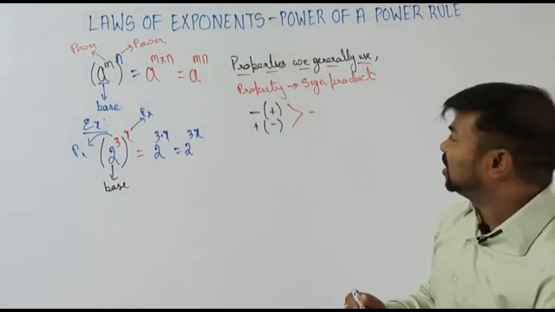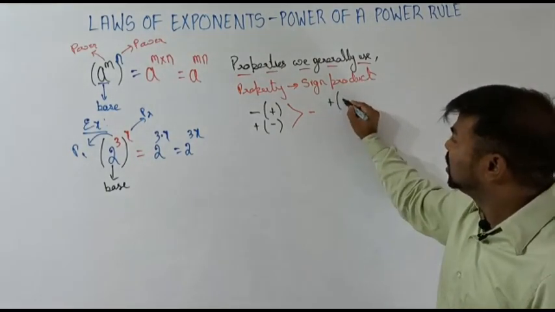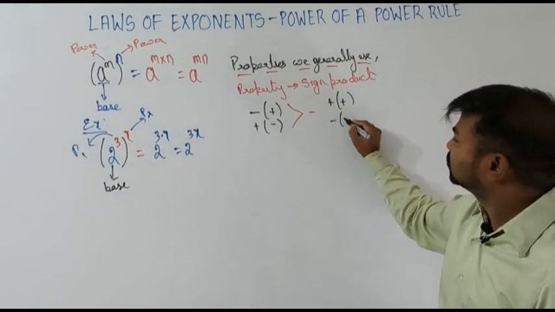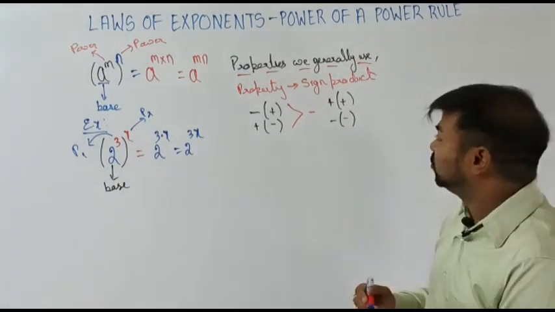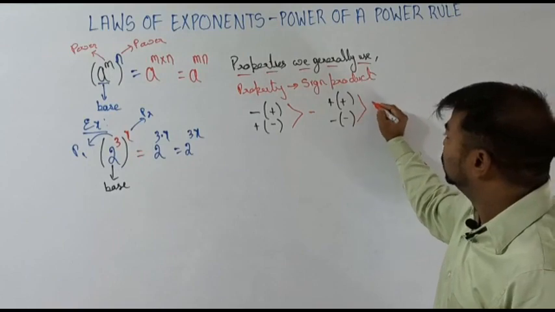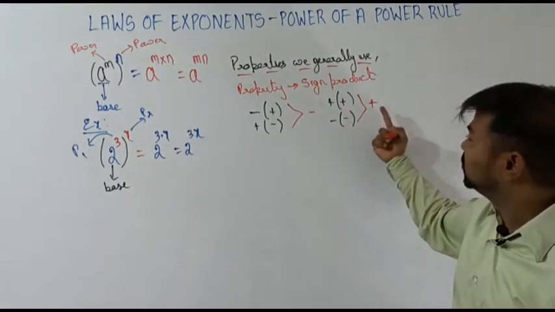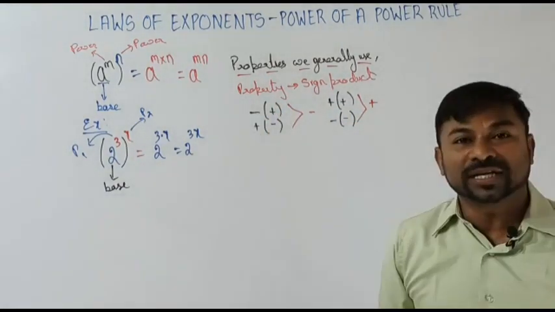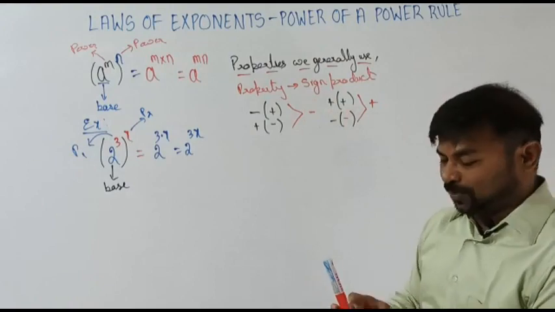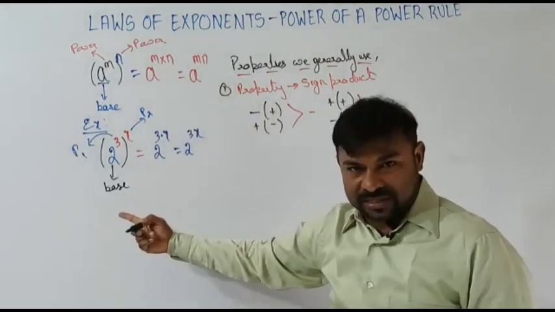In the same way, if you take the product of same signs, we get the positive. If you multiply same signs, we get plus, and if you multiply different signs, we get minus. This is the first property we are supposed to remember while dealing with this formula.